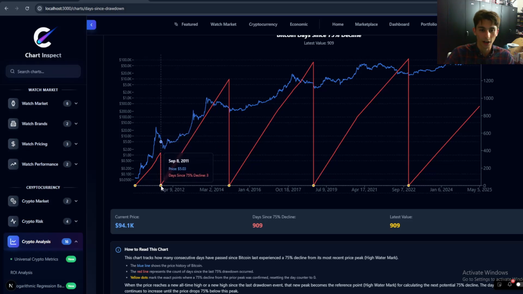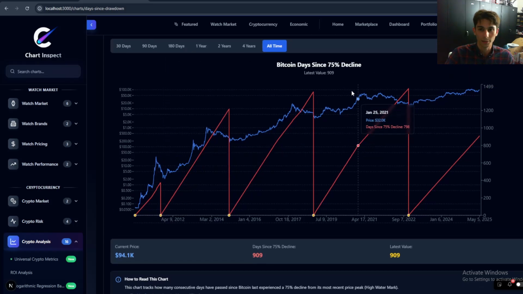And then the count goes back to zero once you've actually experienced that X amount of decline, in this case 75%. Let's see the next cycle in 2013, we experienced 1,212 days before we experienced that 75% decline from around $1,000 to $207. And you can see the same thing occurs each cycle, 75% declines.